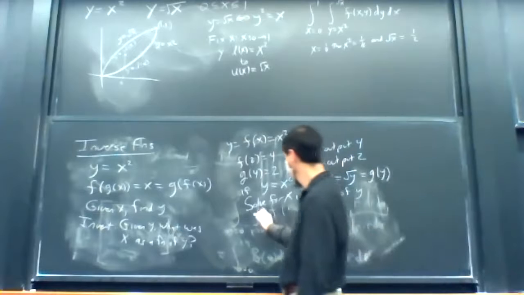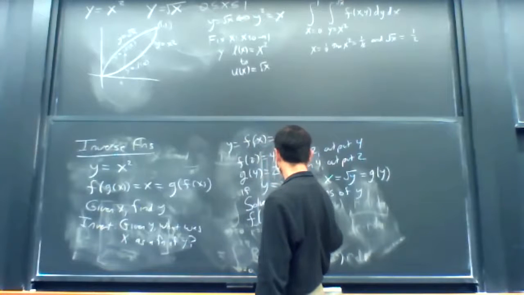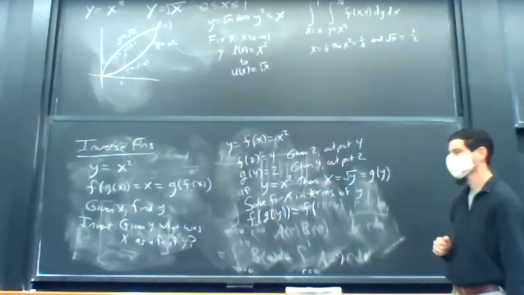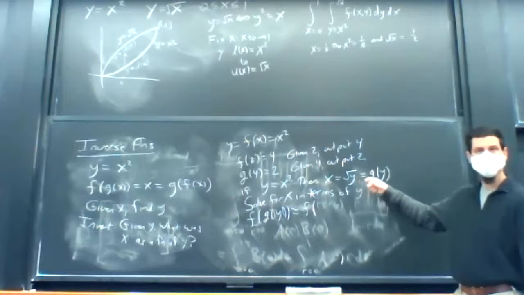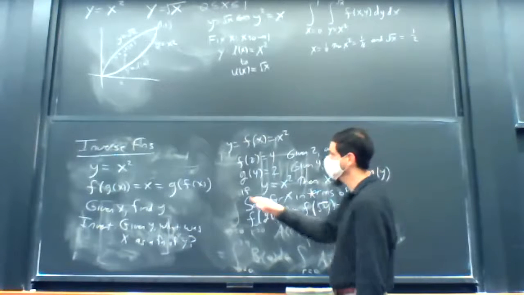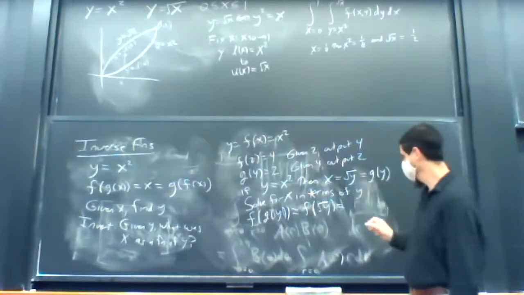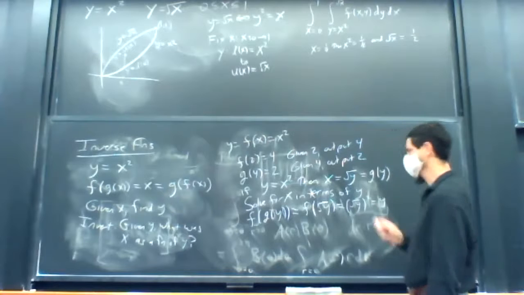Let's check. What's f of g of y? Well, what does g of y equal? G of y is square root of y. And what is f of input? F of input is input squared. So it's square root of y squared equals y.